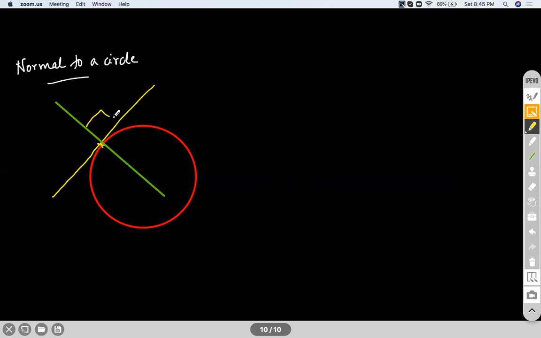Now my question to you is, if this is your circle and this point is x1, y1, what is the equation of the normal line? So we had this in math, I think.